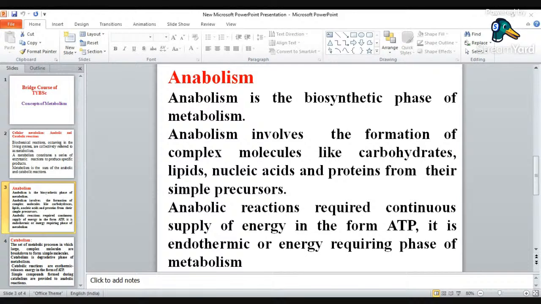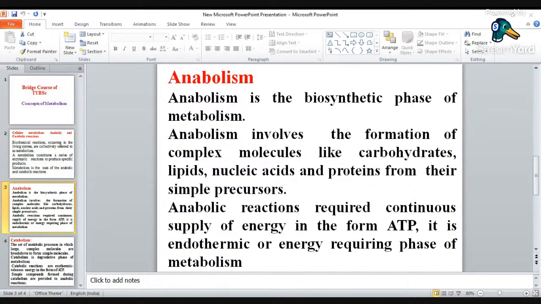Okay, so the energy which is required for the biosynthesis process of the cell, biosynthesis of macromolecules, or the energy which is required for the anabolic reactions of the cell, is provided by the ATP. So anabolism, are you clear about the concept of anabolism?